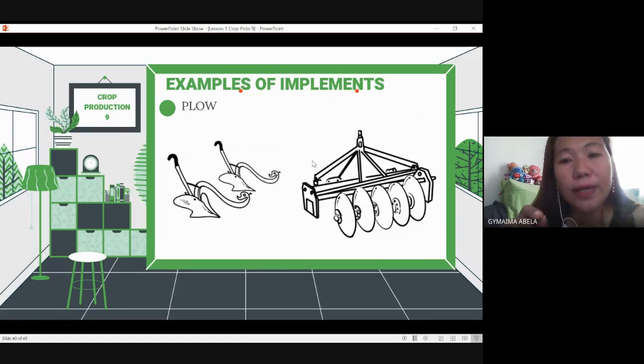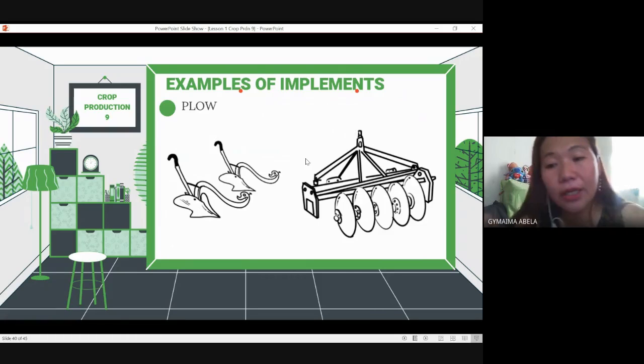On the other hand, at the right side is the disc plow. It is the one that is attached to a hand tractor or four-wheel tractor. It is heavier than the native plow. So these two kinds of plow are used to cultivate or till large areas of land.